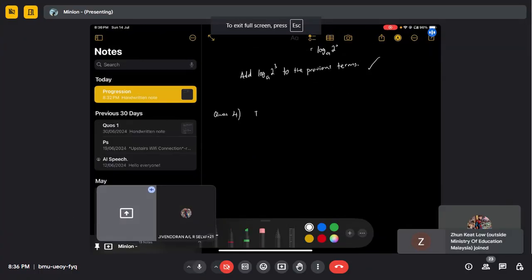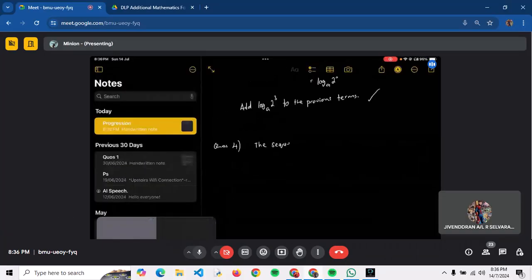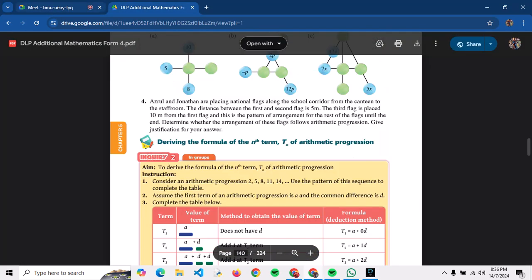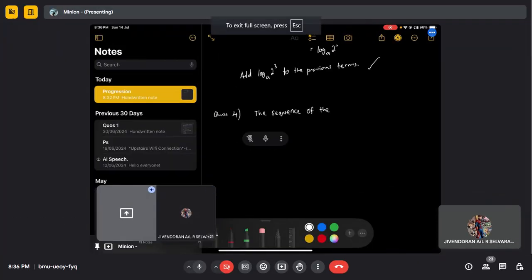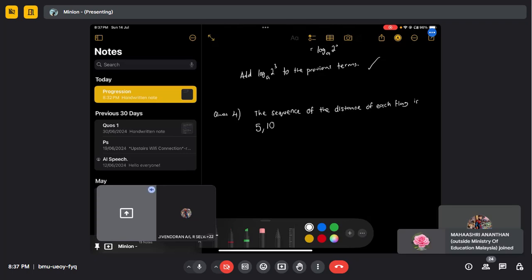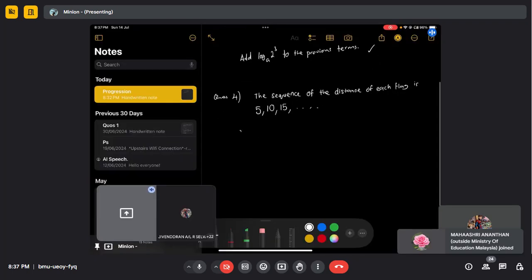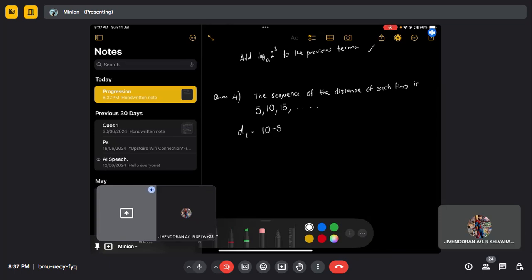Question 4, right. So the sequence of the distance of each flag is 5, 10, 15, and it continues. Okay, so I put D1 here: 10 minus 5, that means the second term minus the first term, which is 5.